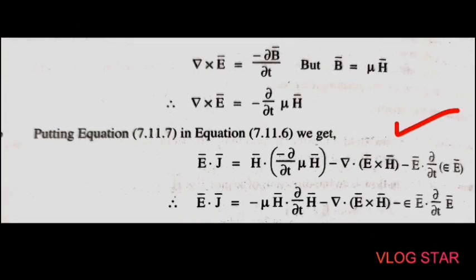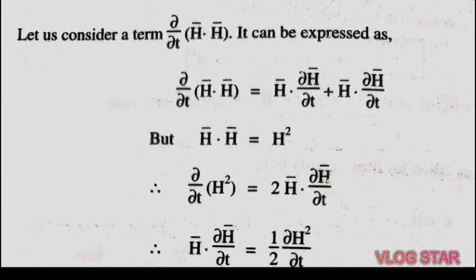Next, we have to simplify this equation, that is E bar dot J bar is equal to minus mu H bar dot dou by dou t H bar, then minus del E bar cross H bar as it is, minus epsilon E bar into dou by dou t of E bar. Okay, so here let us consider the term dou by dou t of H bar dot H bar.